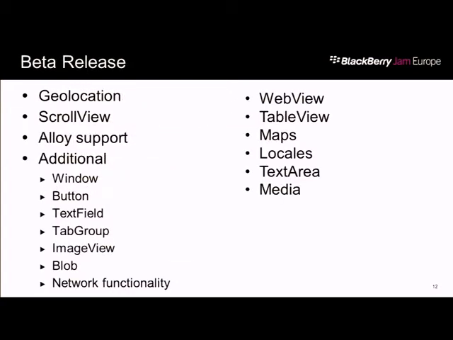So take a look. Lots and lots of new features added in the beta. Now, you don't have to wait until April to take advantage of a lot of these APIs. They're going to get added in those 2-week sprints. But by April, the goal is to have all of these APIs implemented. So things like geolocation are going to get added, Alloy support for the Alloy framework, web view, table view, maps, all sorts of great APIs are going to get added in for that beta release.